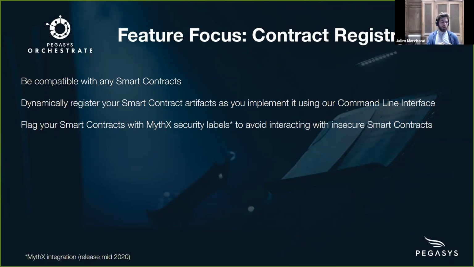So you can upload ERC20 version 1.1, you can deploy your custom smart contract, etc. And you can also configure your contract registry to call a smart contract verification tool such as Mythx to verify that there are no vulnerabilities inside your smart contract.